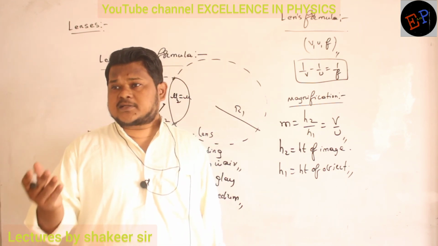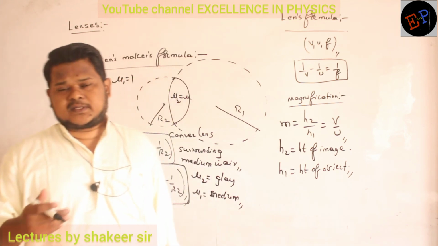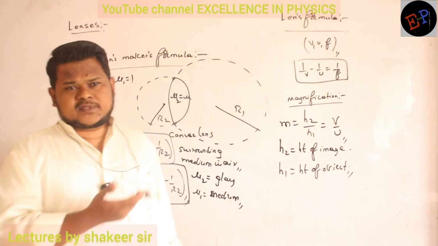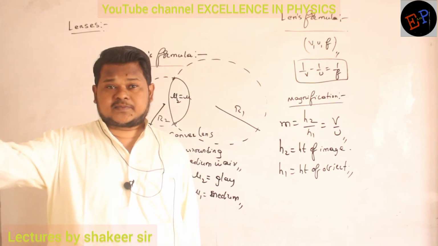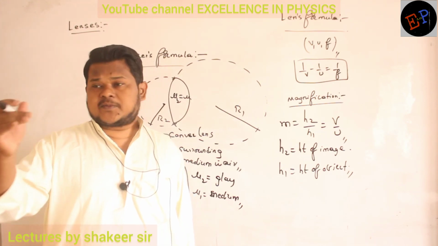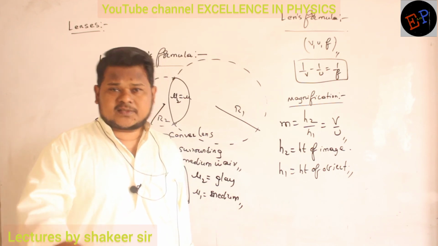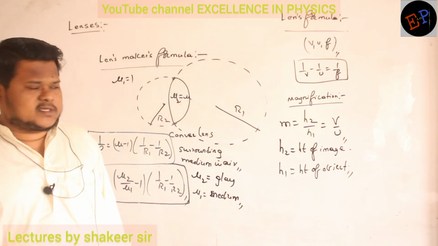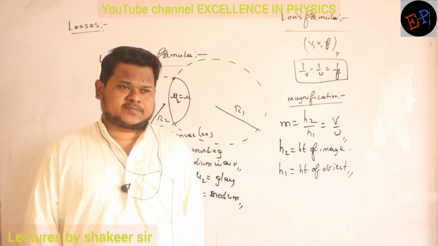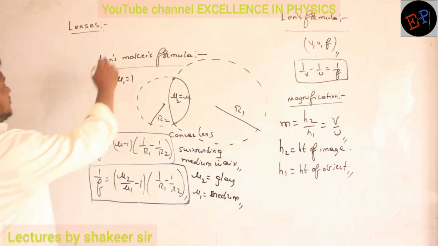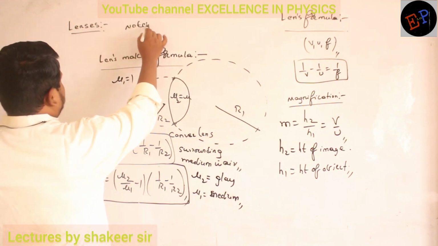If you are measuring in the opposite direction to the direction of light, such distances are negative. If you are measuring heights above the principal axis, such heights are positive. If you are measuring heights below the principal axis, such heights are negative. So make a note of that point.